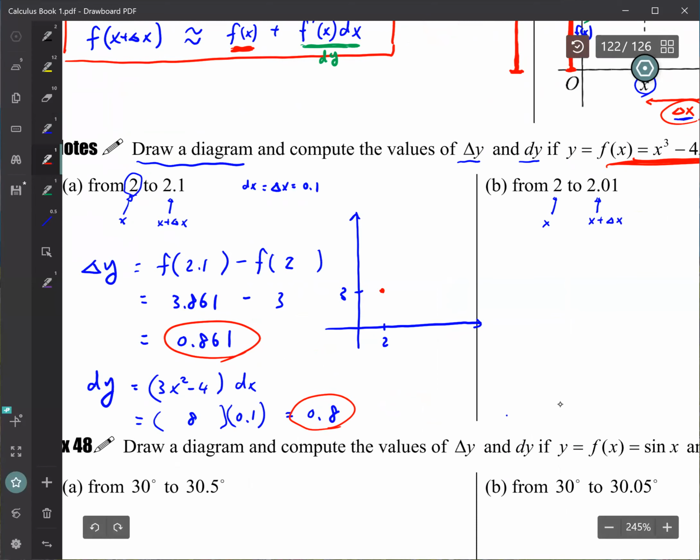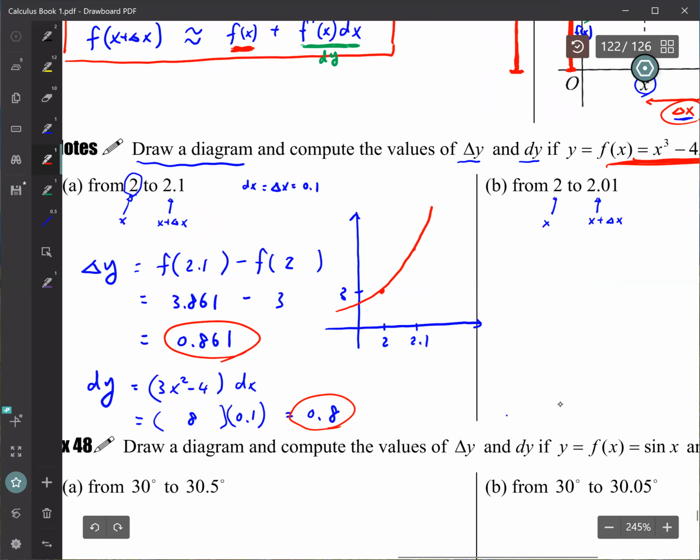So you have a point here, here's a curve, something like that. And then the other x is at 2.1. Because we're zooming in so you can see better, my 2.1, I will put it here. But in fact, they should be really close, right?